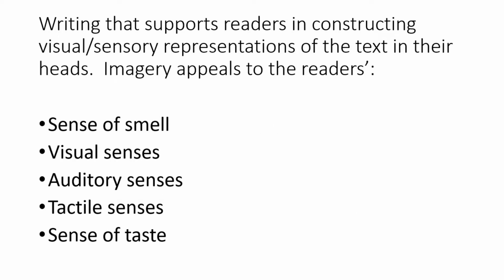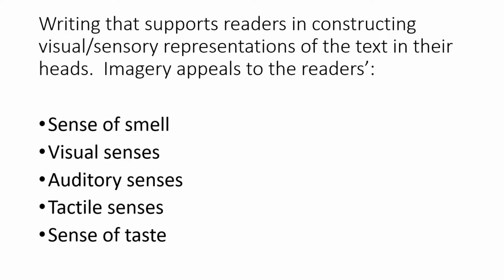Writing that supports readers in constructing visual or sensory representations of the text in their heads is called imagery. Imagery appeals to your sense of smell, your visual senses, what you see, the colors you see, the hues you see, the amount of light and darkness you see.